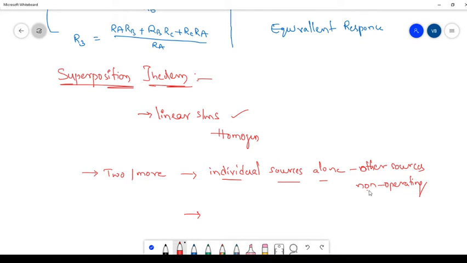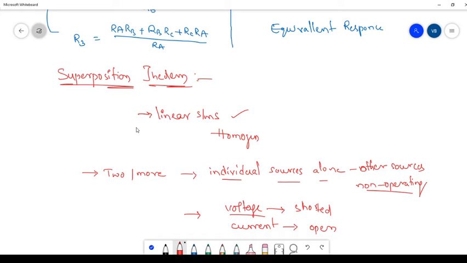Not responding means that whenever a network consists of voltage sources as well as current sources, while doing the superposition simplification, if we are considering only one source, at that time the other voltage sources are shorted. If any other voltage sources exist, we short those voltage sources. If any current sources are there, we open those current sources.